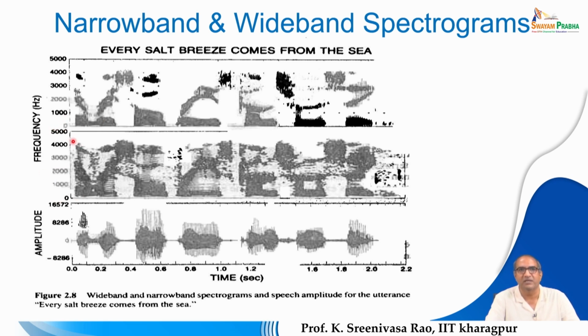You can see that frequency components up to 5000 are plotted here, and for every frequency component there is some energy. A frequency component is nothing but a sinusoidal. Multiple sinusoidals result in a particular time domain signal, and each sinusoidal has its own strength, with different amplitudes.